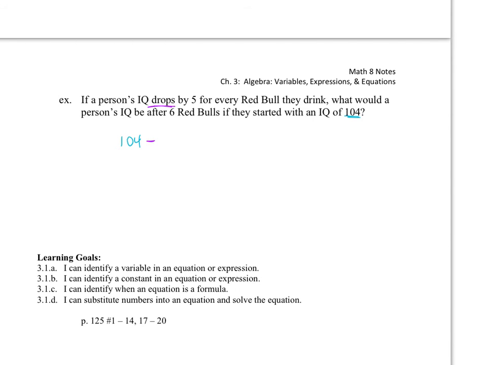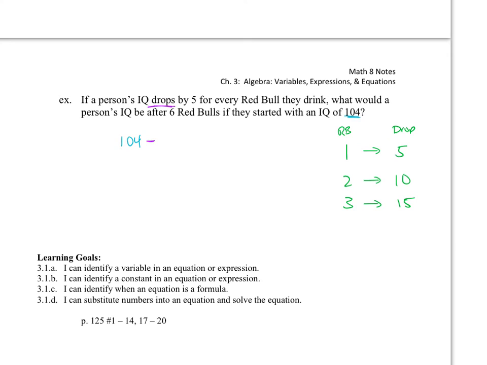My drops minus. So when I think about this, I usually look, okay, if I took 1 Red Bull, so these are Red Bulls, and my IQ is going to drop, how many? It's going to drop 5. Well, if I had 2 Red Bulls, it's going to drop 10. 3 Red Bulls, it's going to drop 15.